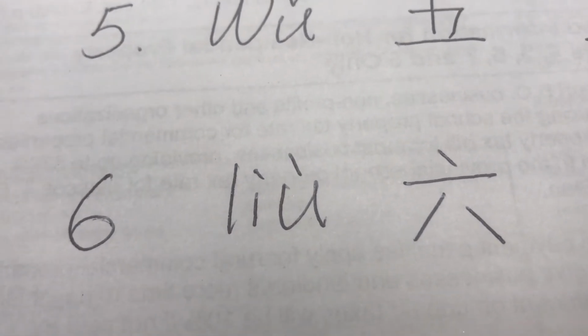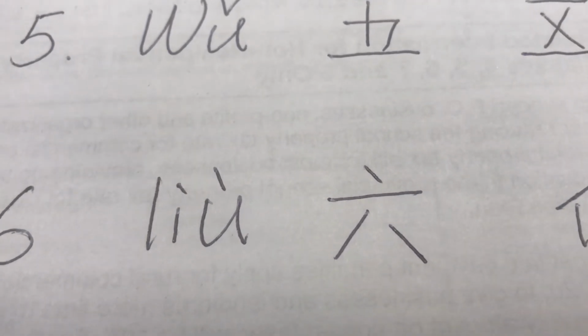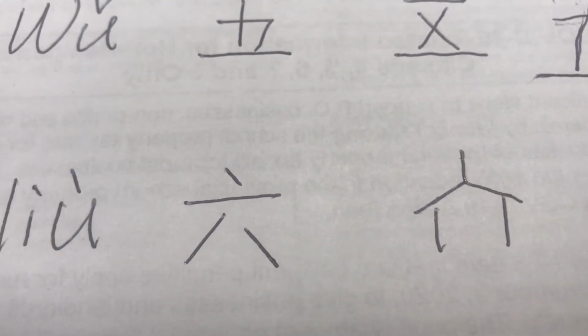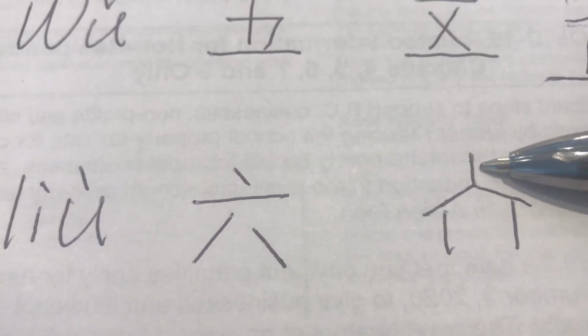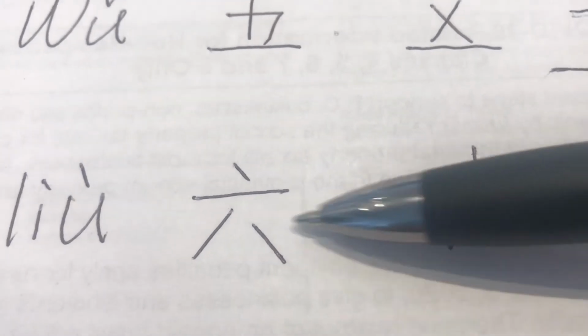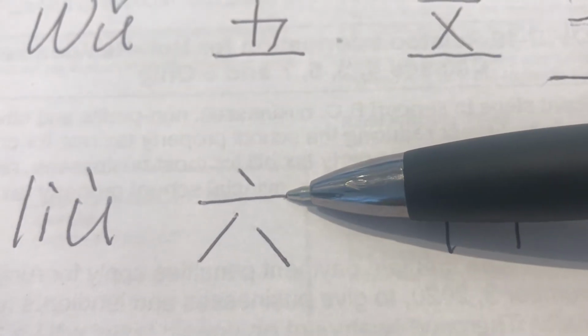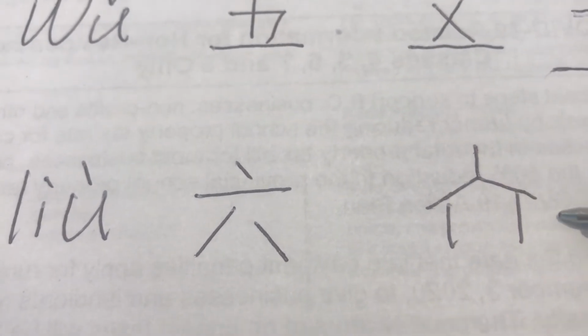Now let's look at the number 6. Falling tone again. The dot on the top represents the chimney of the little hut. And the horizontal line here represents the roof of the house.